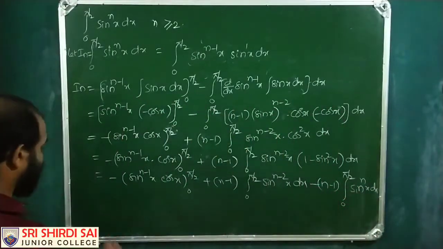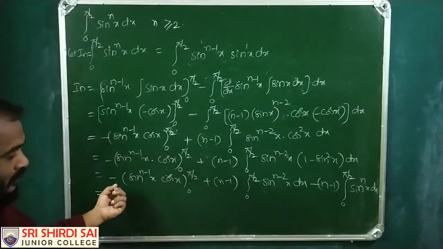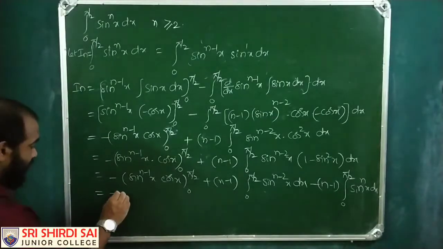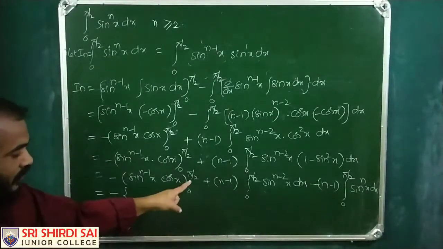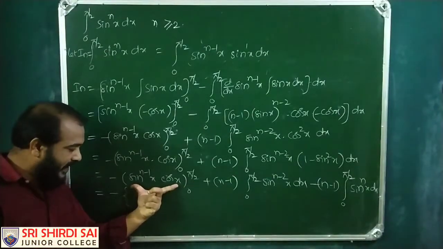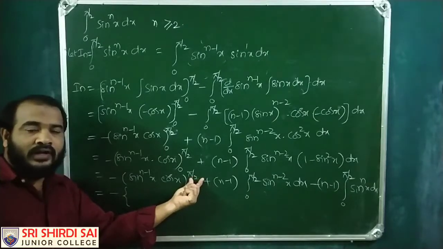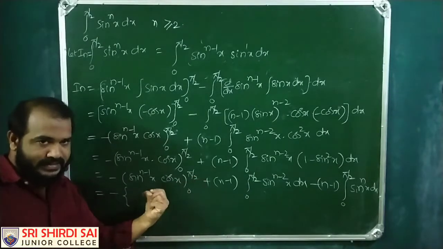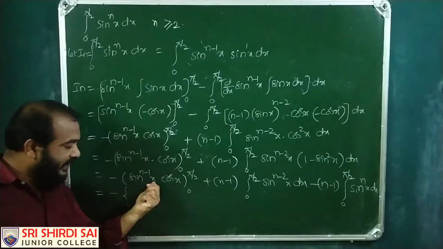So this is equal to, now I am substituting the limits. Minus, substitute the upper limit: wherever you have x, simply substitute pi by 2 as the upper limit, minus wherever you have x, substitute 0.